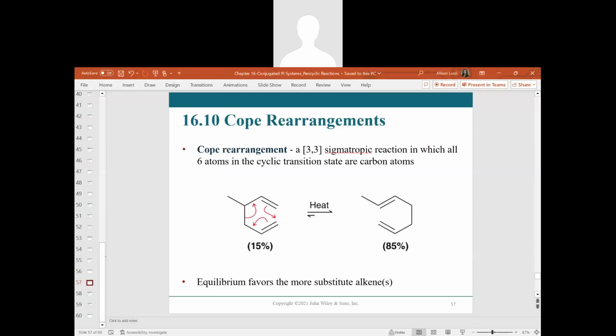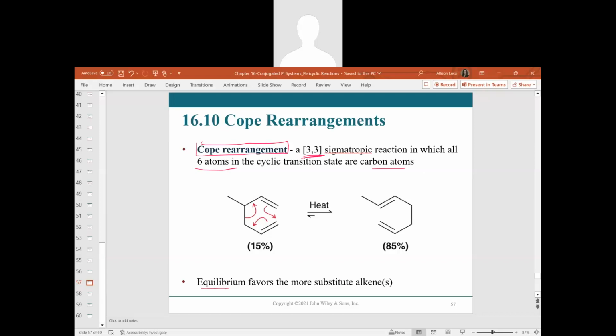A specific type of rearrangement where we have only carbon atoms, so all 6 atoms are carbon atoms, is called a Cope rearrangement. Again, this is one of those 3,3 sigmatropic rearrangements, and specifically we call it a Cope rearrangement. It's all 6 of the atoms moving around and the bonds being broken and formed between our carbon atoms.